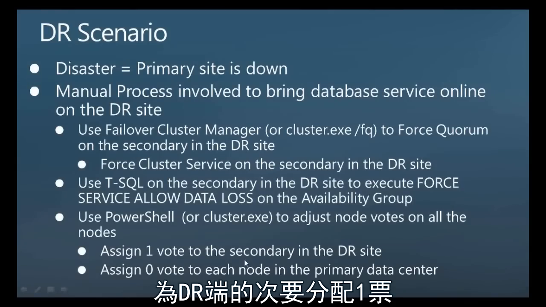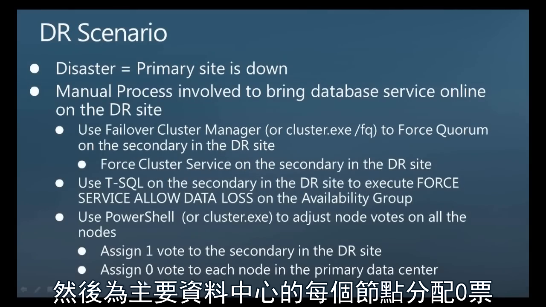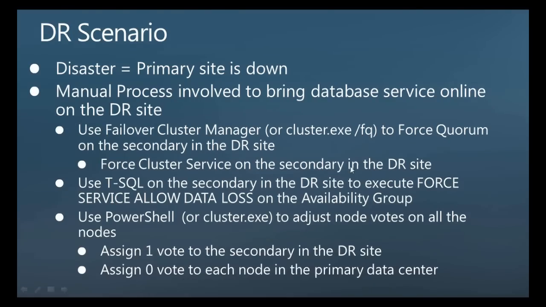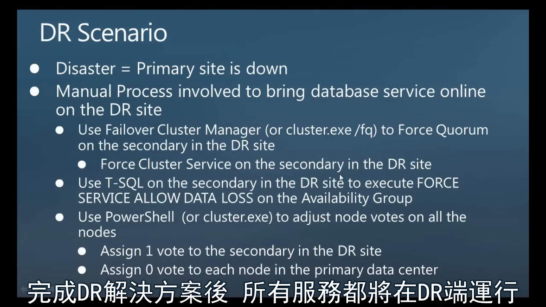You assign 1 vote to the secondary in the DR side, and assign 0 vote to each node in the primary data center, to make sure that in case the primary data center comes online, it won't impact the whole quorum model. After that, your DR solution is completed, and all the services are running in the DR side.